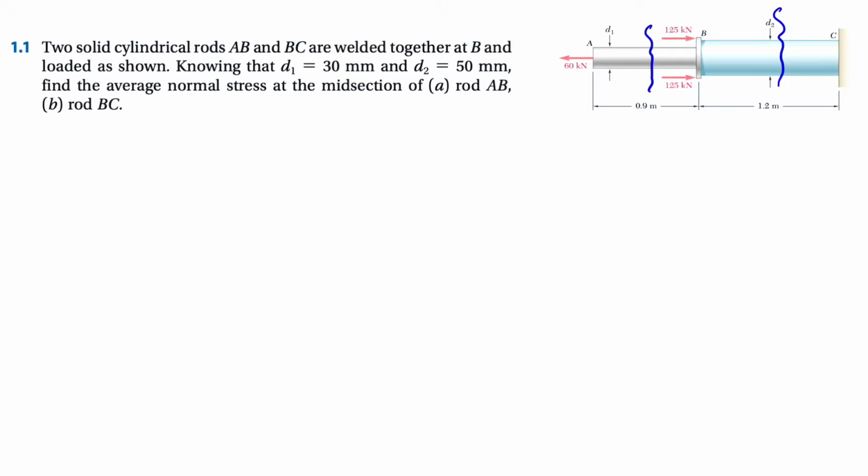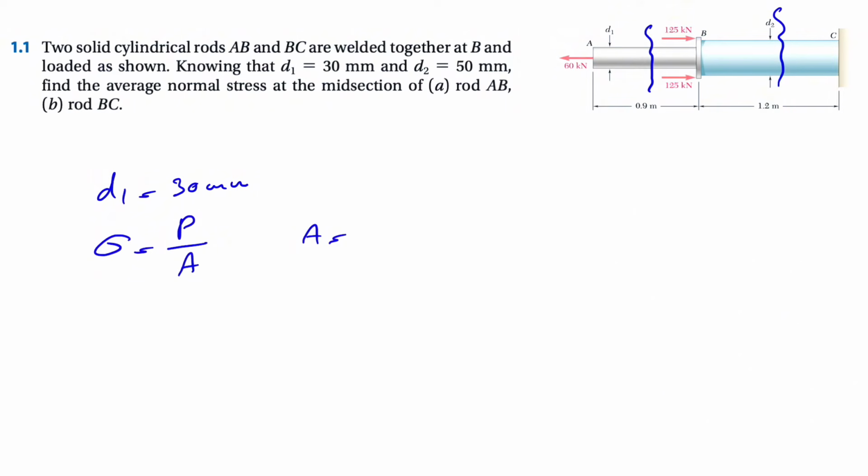So we're going to write down the givens. The diameter is 30 millimeters, and what we are interested in is the average normal stress, which is force divided by area. Since we have the diameter, finding the area is easy.